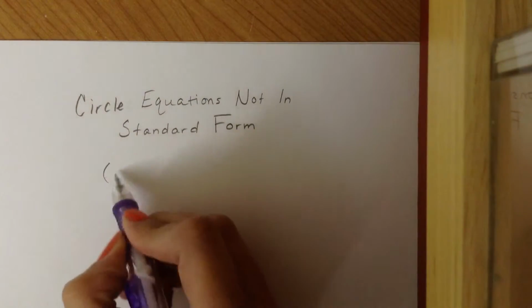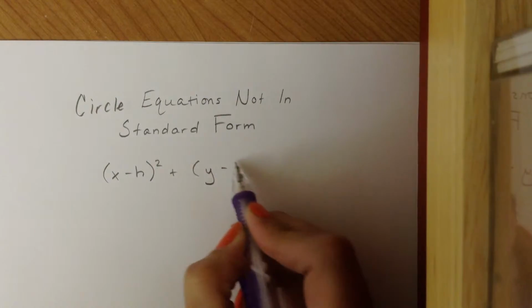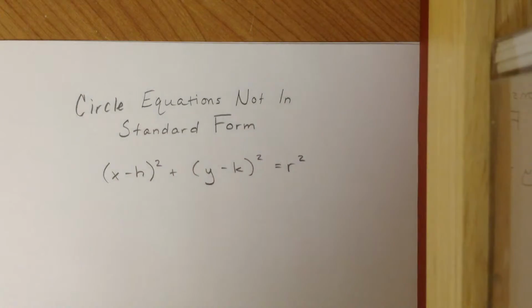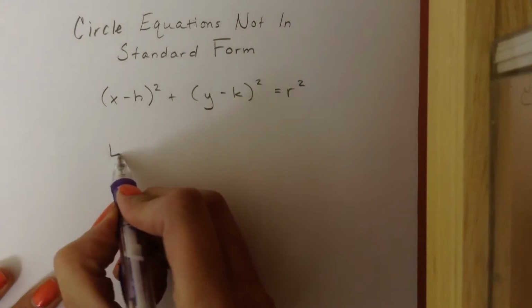Remember standard form, (x minus h) squared plus (y minus k) squared equals r squared. I need to be able to identify h and k and r in order to successfully graph my circle. But let's say we have this equation.